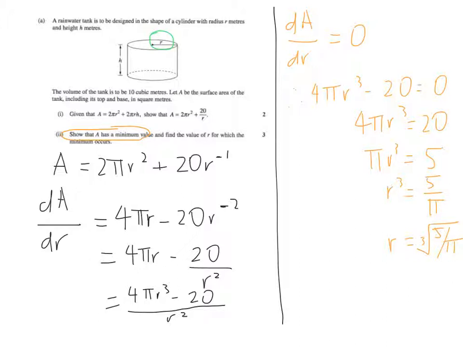What we have not yet shown, but what we will show, is that this actually gives us a minimum value. So just going back a step here, we've got dA on dr equals 4 pi r, and I'm going to return this to the form that it was in, minus 20 r to the negative 2. That's before I've made it into a single fraction. Now I'm going to find the second derivative. Why would I use the second derivative?